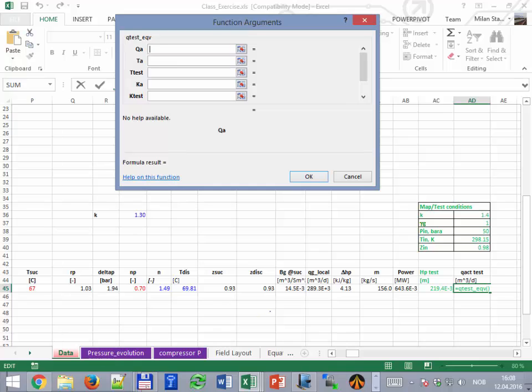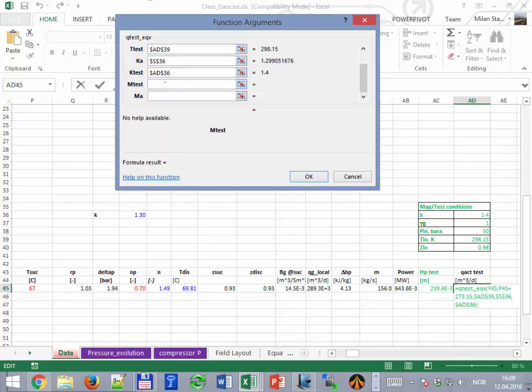and I have the actual rate, which is here. Then I have the temperature, which is here. Then I have the temperature of the test, which is here. That has to be blocked. Then the K that I have is this one. That one has to be blocked. The K of the test here, that one has to be blocked.